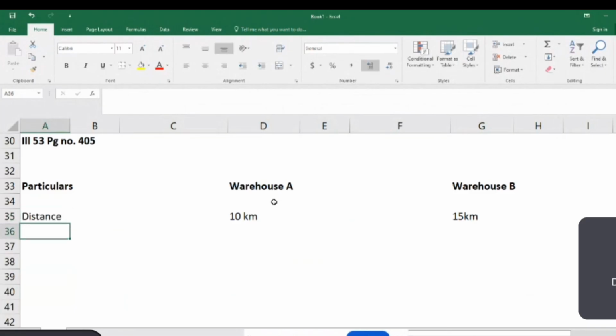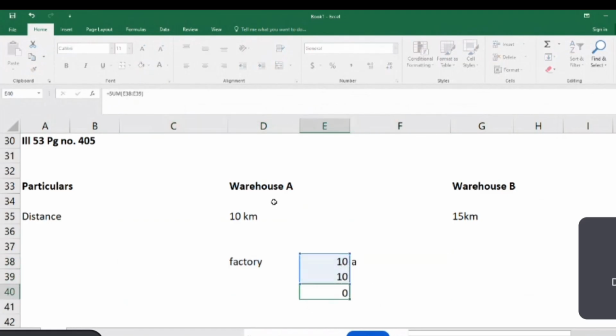As I already told in the previous question, if it is given 10 kilometers or 50 kilometers, it is not just 10 or 50 kilometers. It has to travel from the factory to warehouse A. It takes 10 kilometers. Again from warehouse A it has to travel back to the factory. So another 10 kilometers it will take.